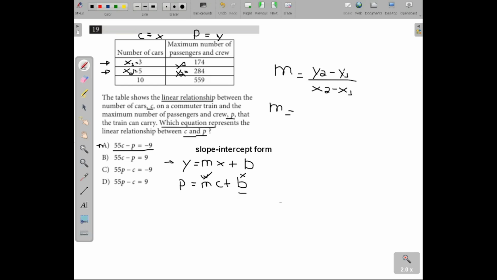The slope is equal to 284 minus 174 divided by x sub 2, which is 5, minus x sub 1, which is 3.